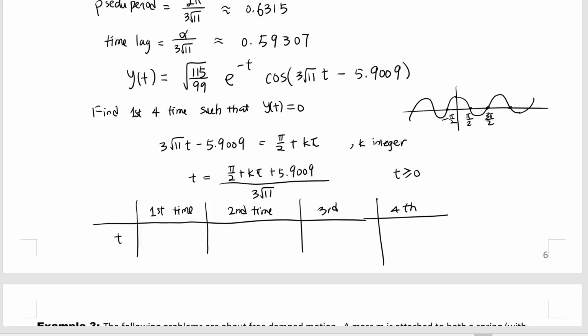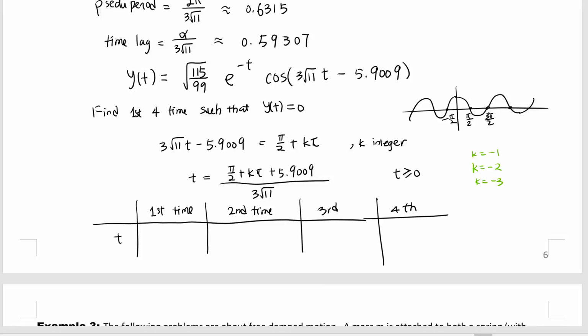So when k is negative 2, then we get a positive number. Let's put in k equals negative 2, and k equals negative 3, and k equals negative 1, to make sure which one is the t value such that it's greater than or equal to 0.